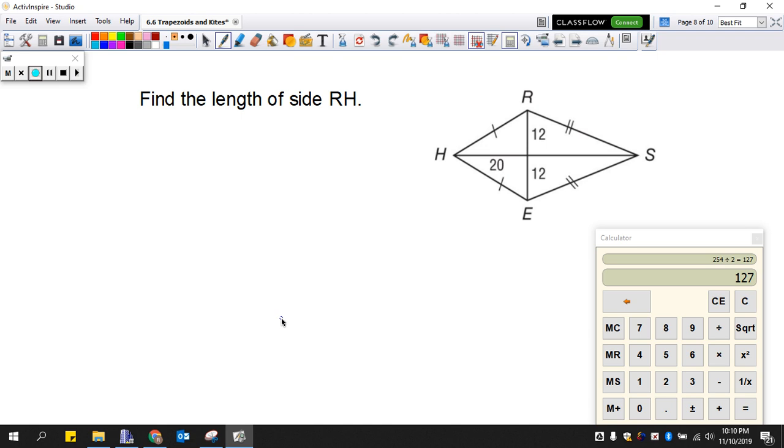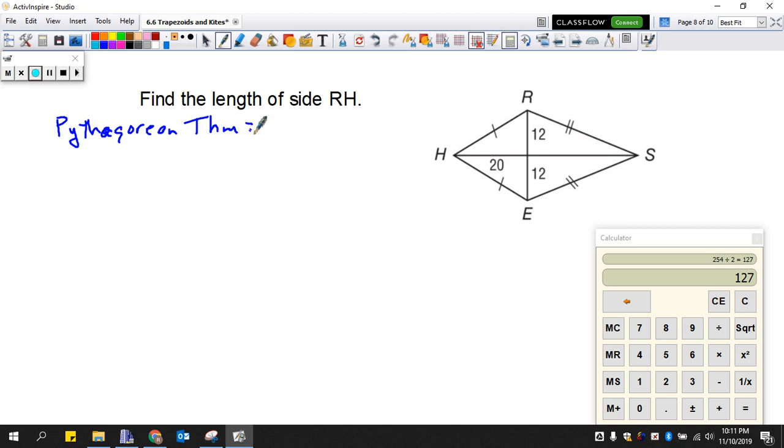One of the things that we need to remember also is the Pythagorean theorem.